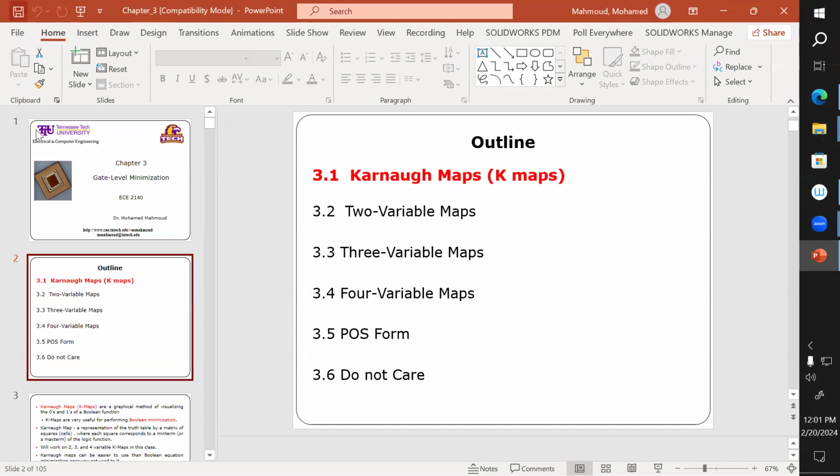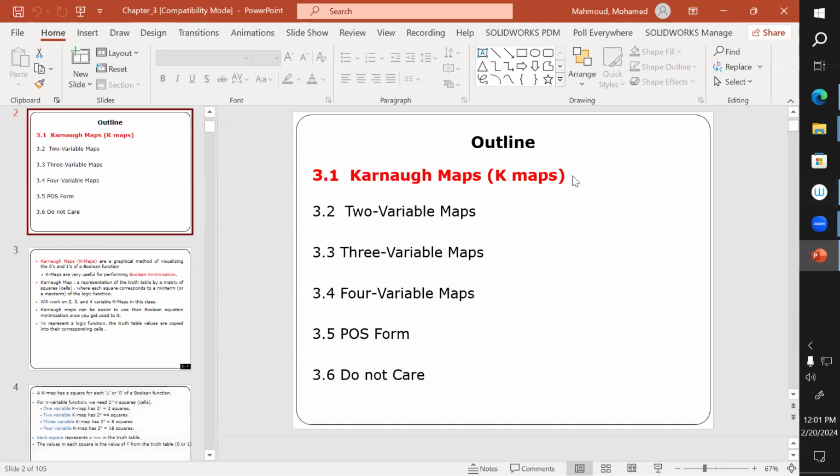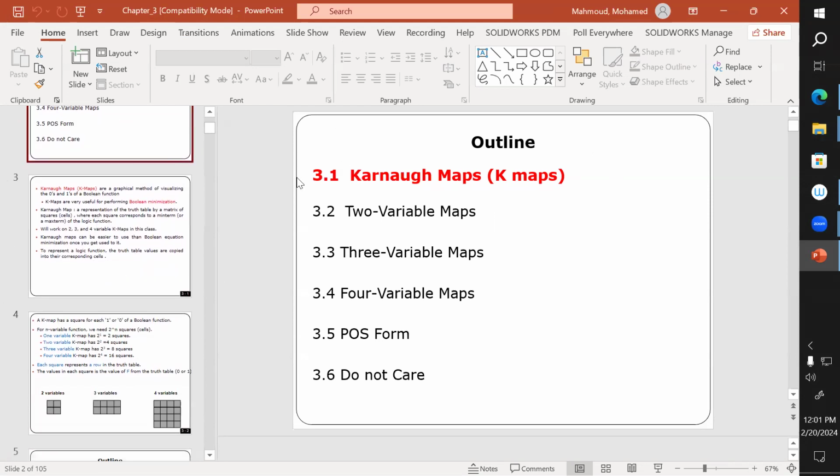So the idea you can see here from the English word maps: yes, we have a map. That's why, as I explained last time, this is what this whole chapter is about.